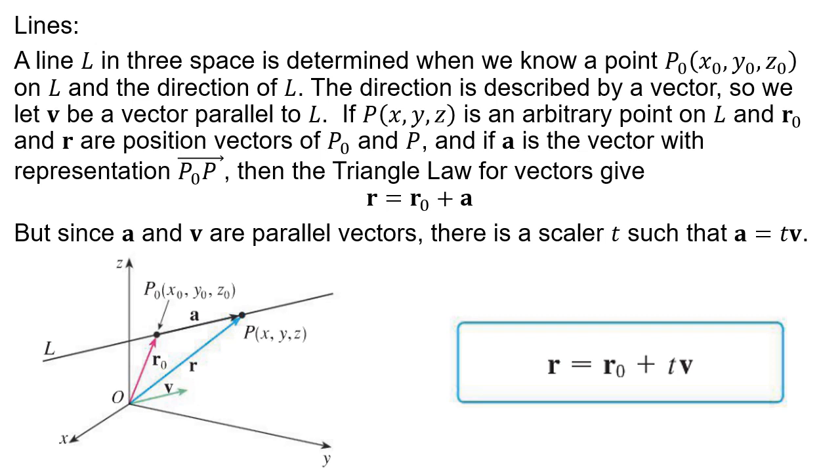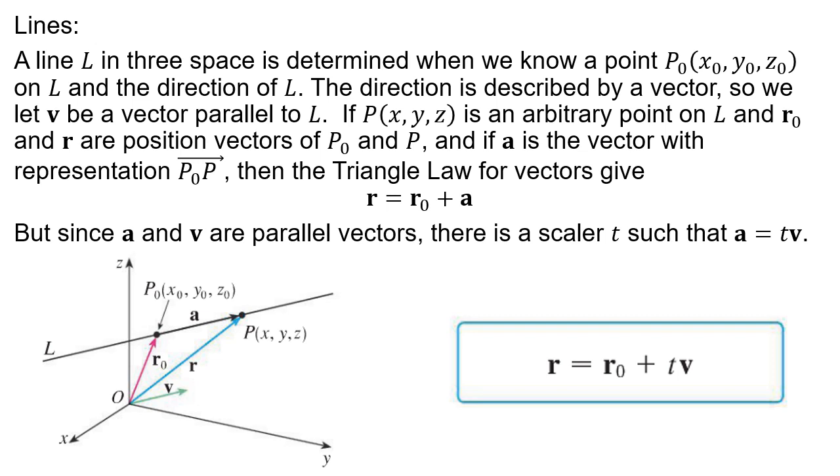If a point P(x, y, z) is some arbitrary point on your line L, and r sub 0 and r are both position vectors for the points P naught and P, and if a vector a connects P naught and P together, then you have the triangle law for vectors, so that r equals r naught plus a.